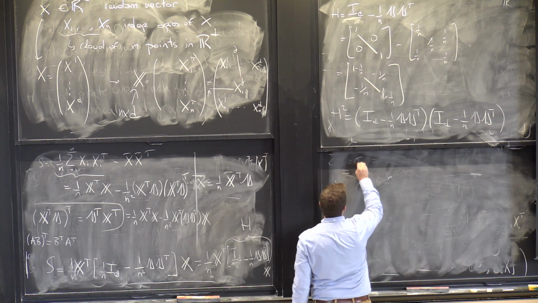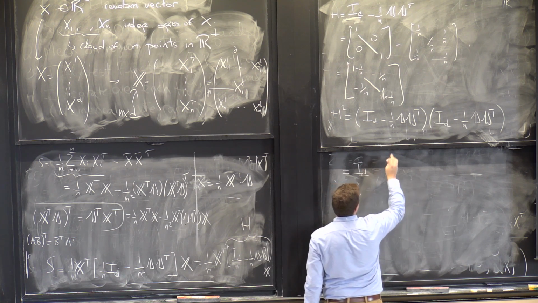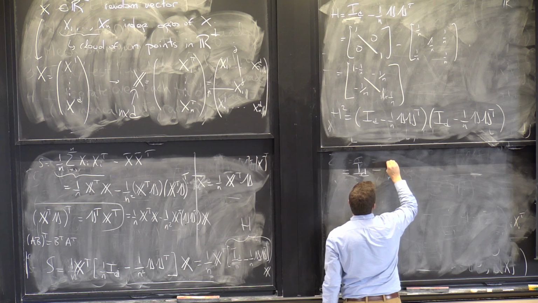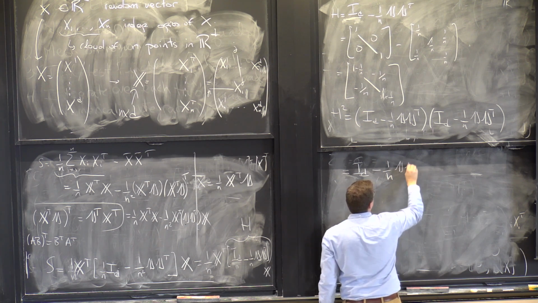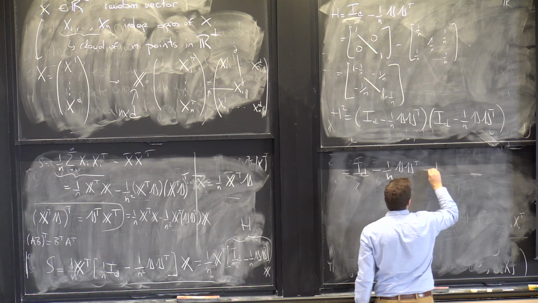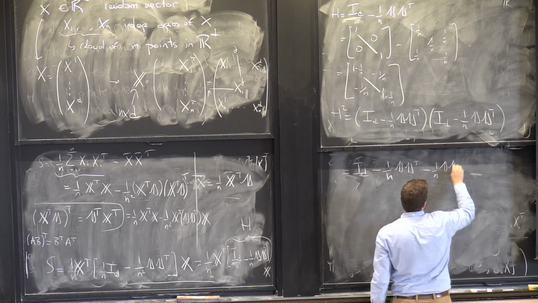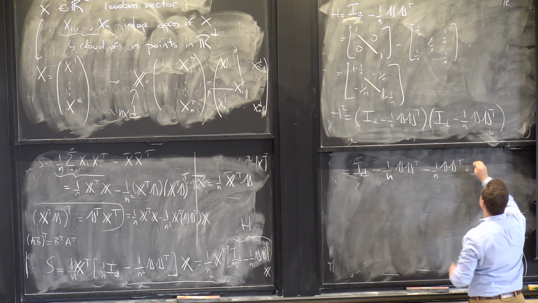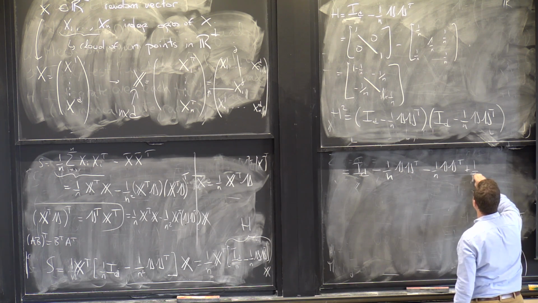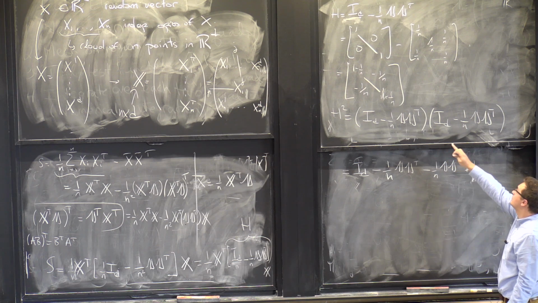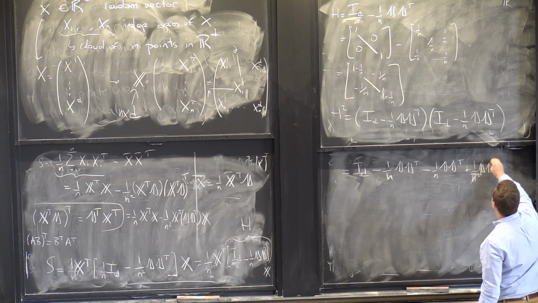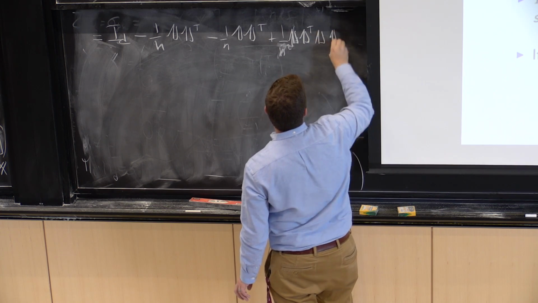This is equal to the identity minus 1 over n, 1 1 transpose, minus 1 over n, 1 1 transpose. And then what makes the deal is that I get this 1 over n squared this time, times 1 1 transpose times 1 1 transpose.